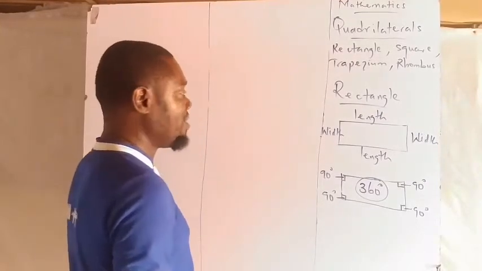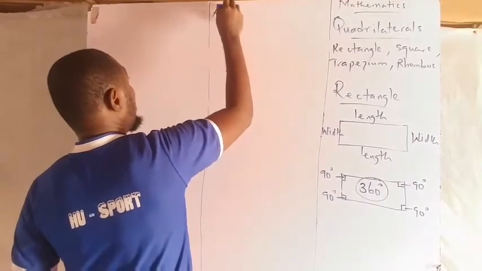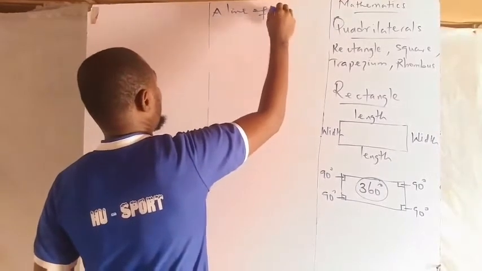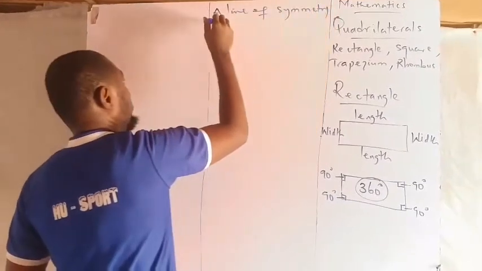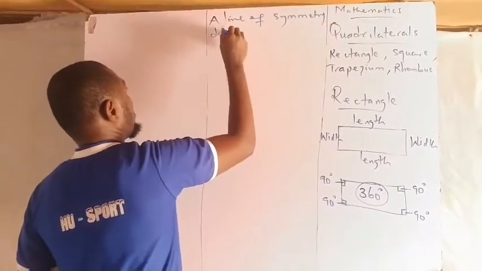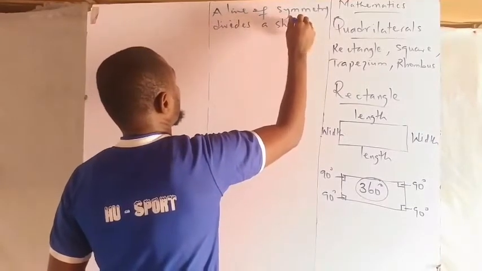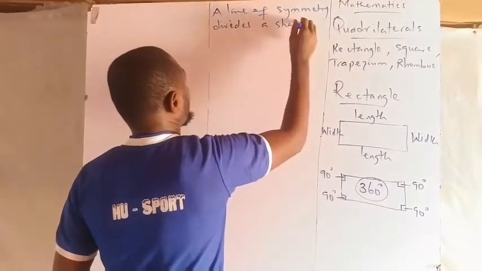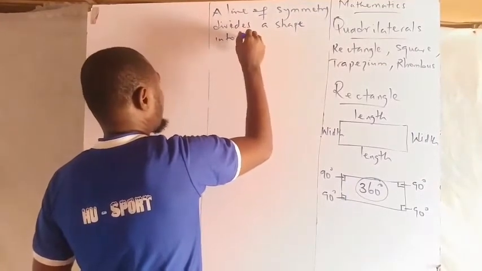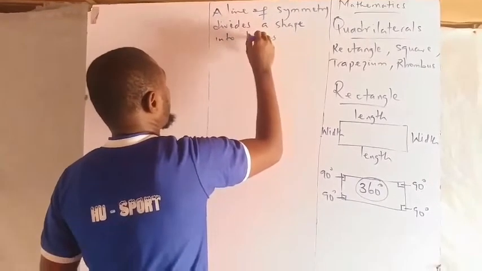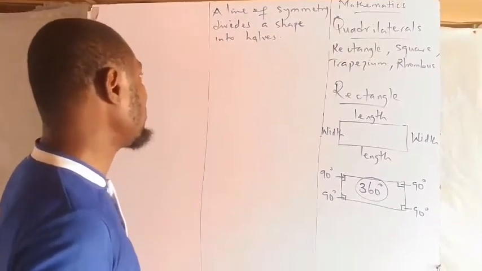Two lines of symmetry. A line of symmetry divides a shape into halves.